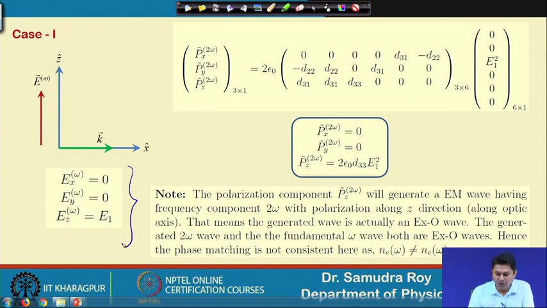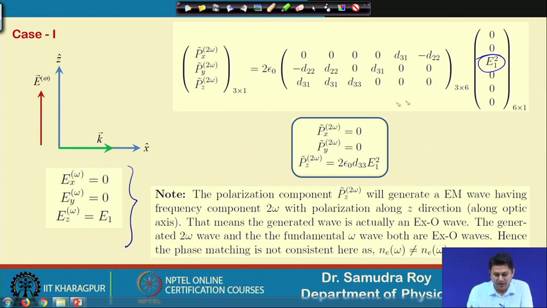Now, with these electric field components and the D matrix, which is already given on the previous slide, we can write Px, Py, Pz for the second harmonic in matrix form. If I write this in matrix form, only the z component will survive, and the other two will vanish.